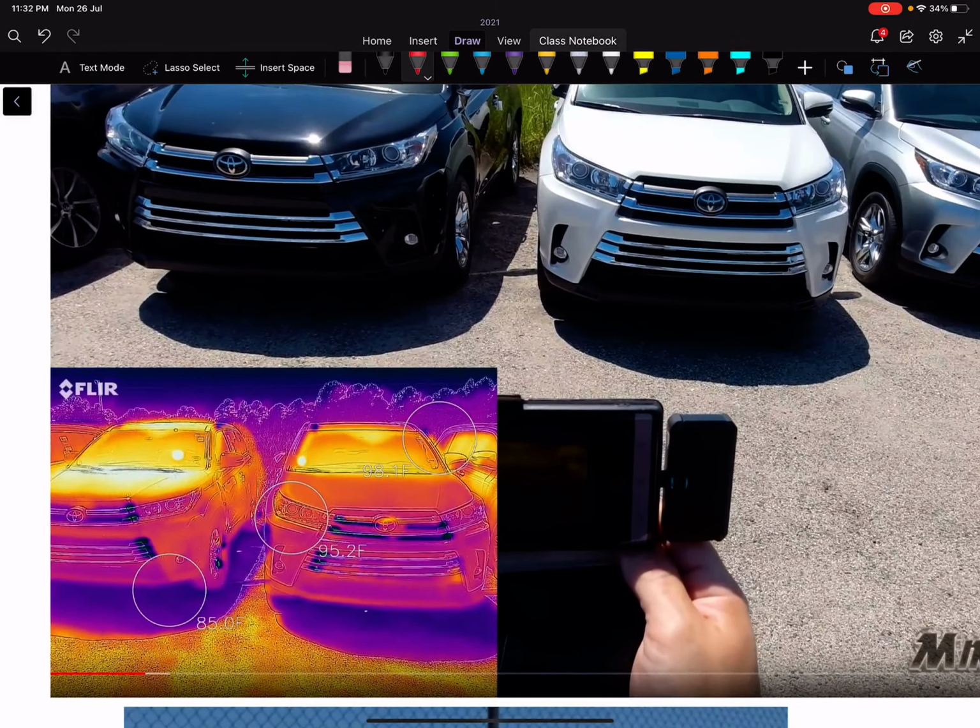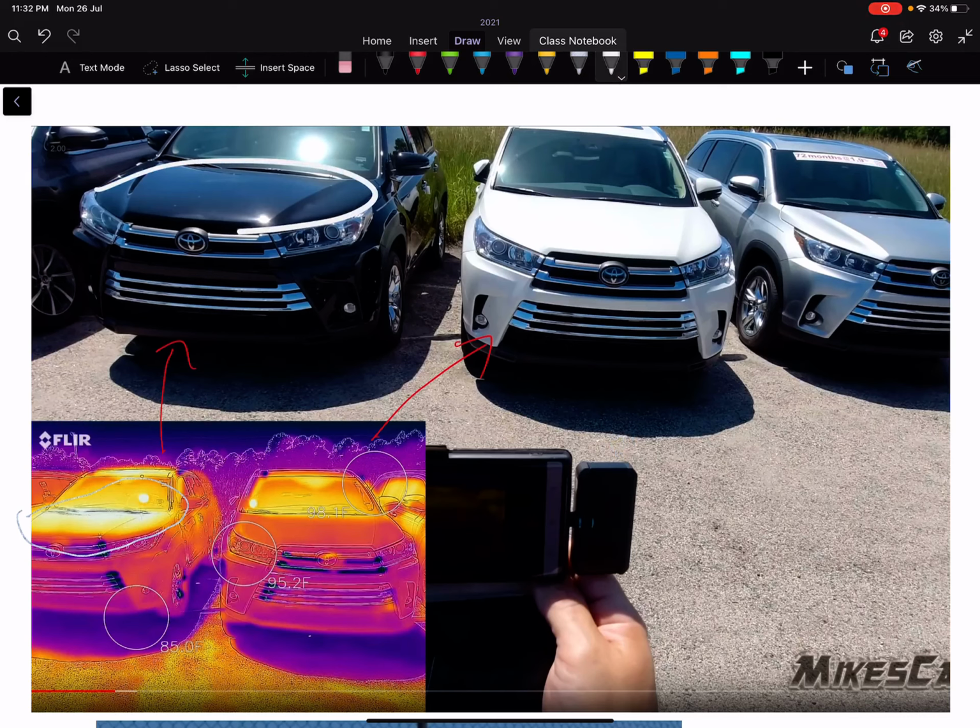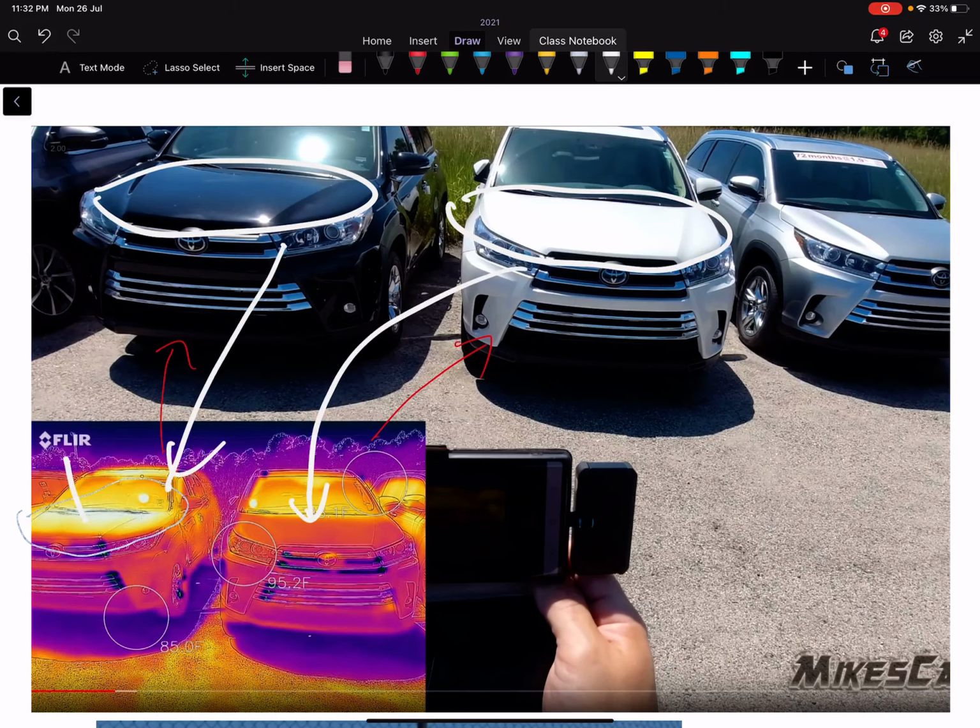For this camera, the brighter the color in this screen, not to be confused with the material, means hotter, okay? So as you can see, the hood of this car over here and over here, you can see that over here is actually hotter on the thermal camera, where here is cooler.